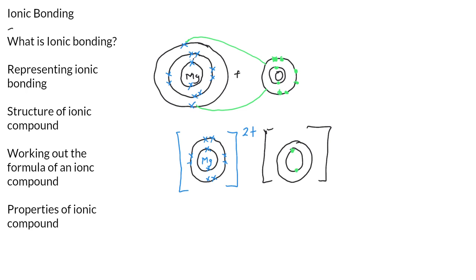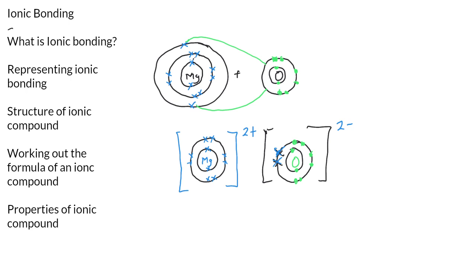So this is oxygen inside. 2 electrons from magnesium. Right. So the blue one. And then we show that as 2 minus.